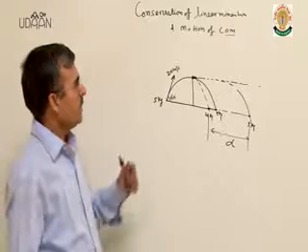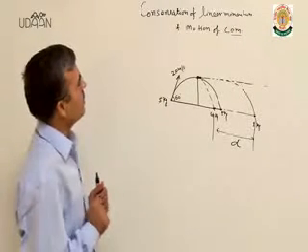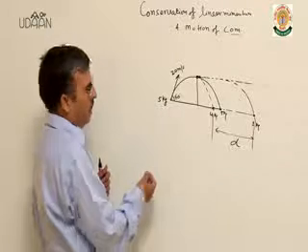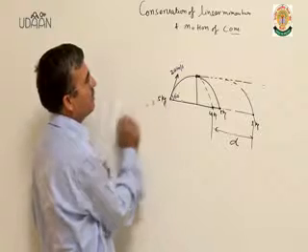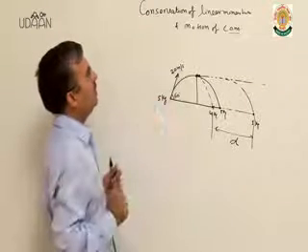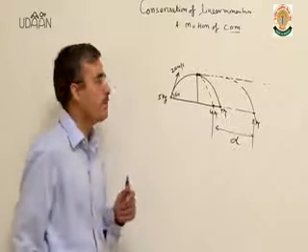Let us take one example for conservation of linear momentum and center of mass. A body is projected from this point, mass of the body is 5 kg, speed is 20 meter per second. At the highest point there is an explosion.